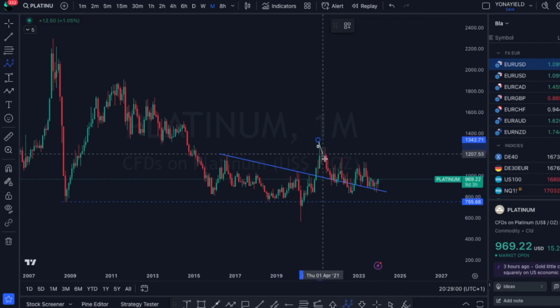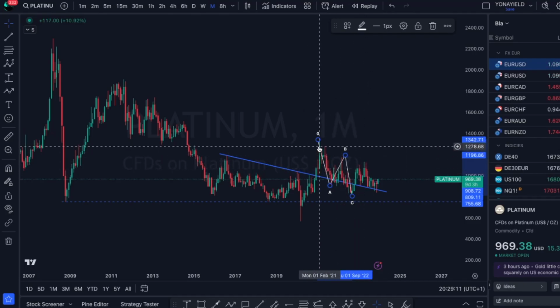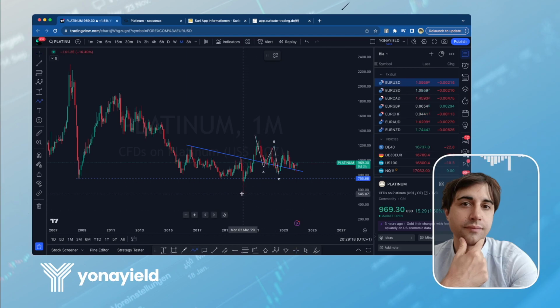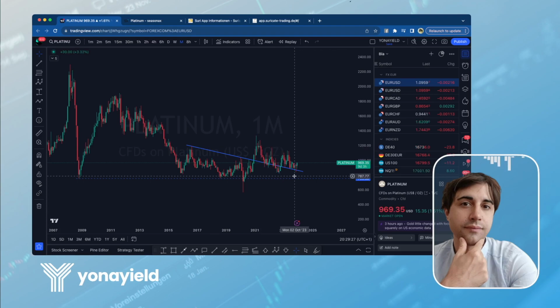Also I can see there is kind of a three-wave structure going on right here with the ABC, so meaning it could be that this little correction of three waves here has been finished, and we can see also that this high point has been taken out by that high point. So there is also a structure here that is changing upwards, meaning we could see something like this in the longer term, right? This is a very long-term picture, but I believe here we are at a crucial point in time as well. So very nice to see here, guys.